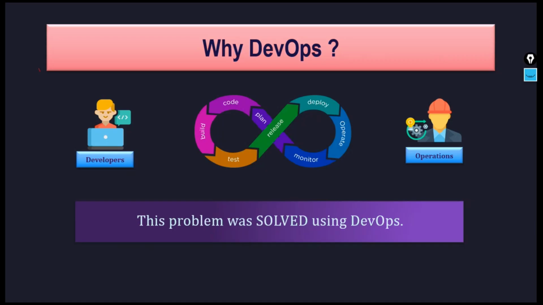The point is, when the DevOps tools came into the picture, they started working as a team. Now there is no hoodwinking. A developer cannot hoodwink the operations team, because now you are going through some tools.